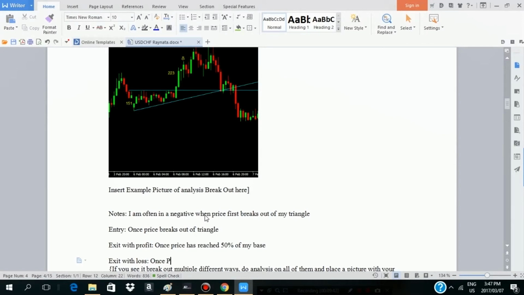Once price breaks back through my triangle in the opposite direction.